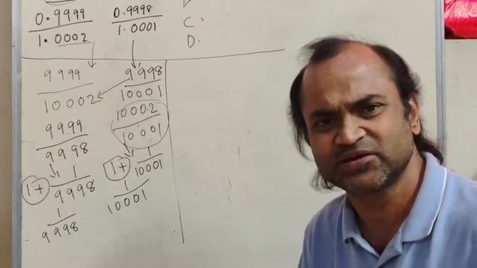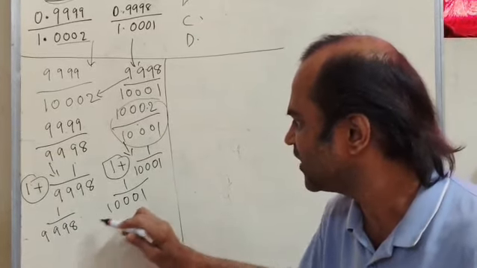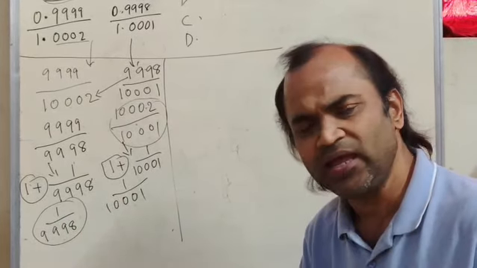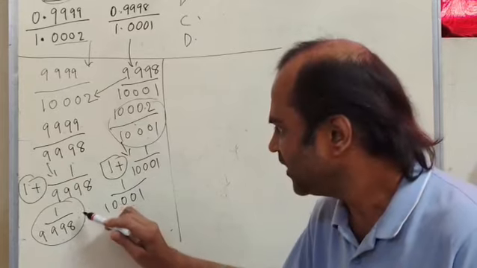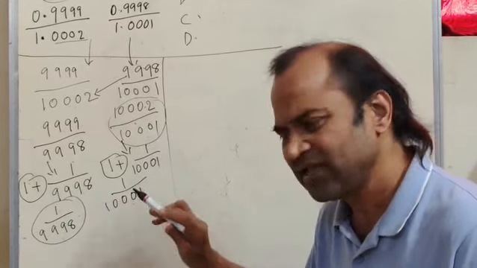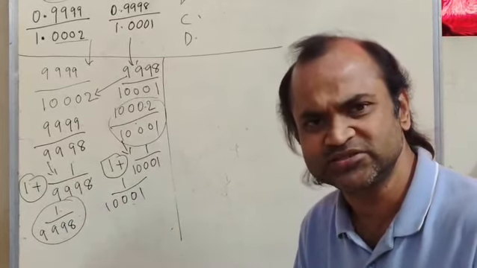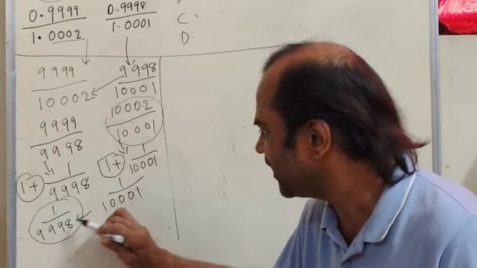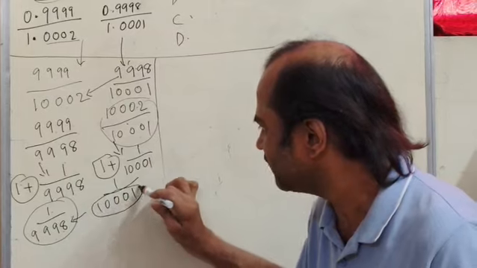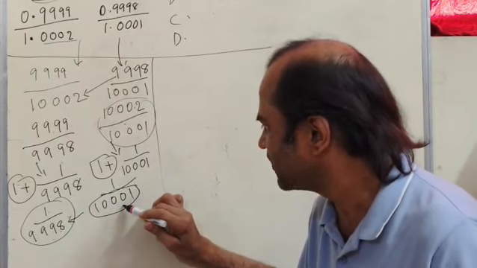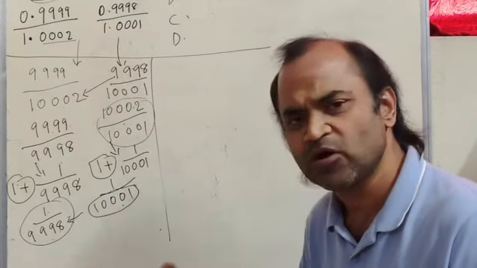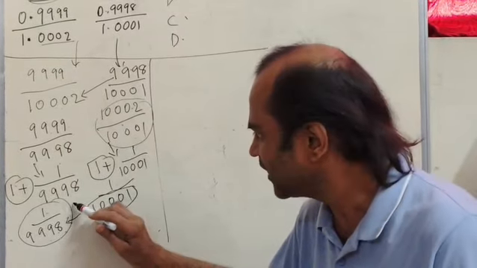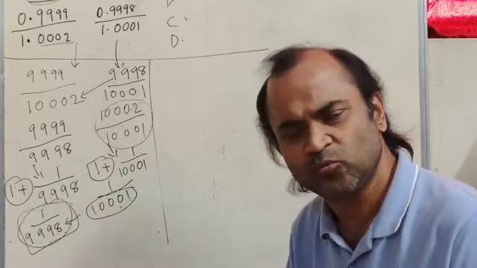Now, your guess for which fraction under which quantity is greater? Obviously this. Why? The reason being, numerator 1 is the same in both the fractions and the denominator 9,998 is smaller in magnitude than the denominator 10,001. So the lesser the denominator, the greater the fractional value.